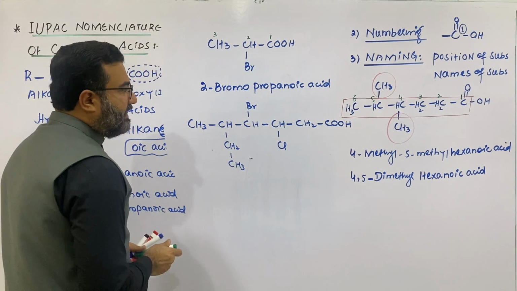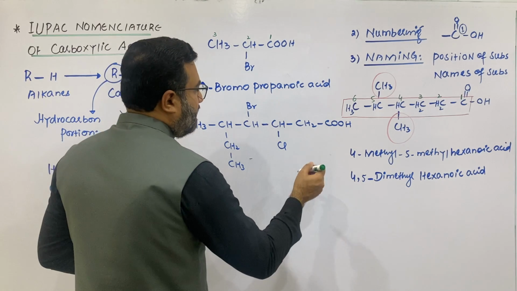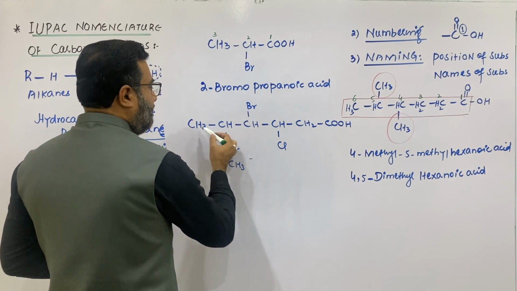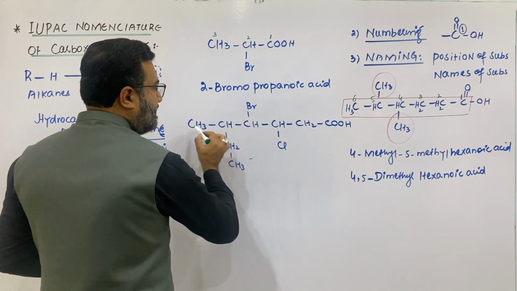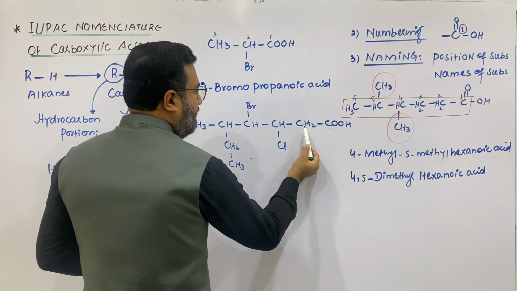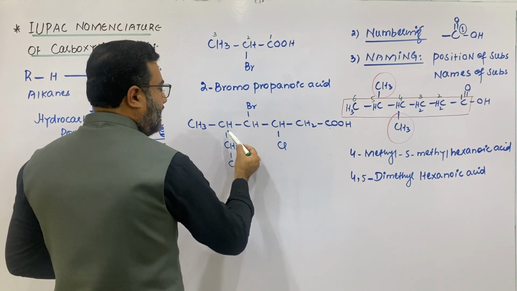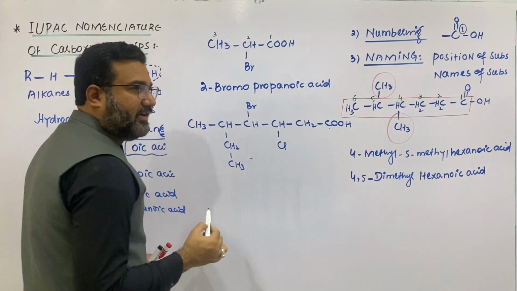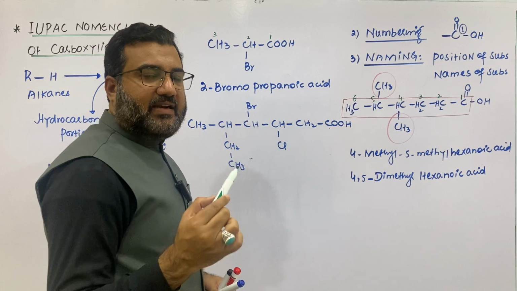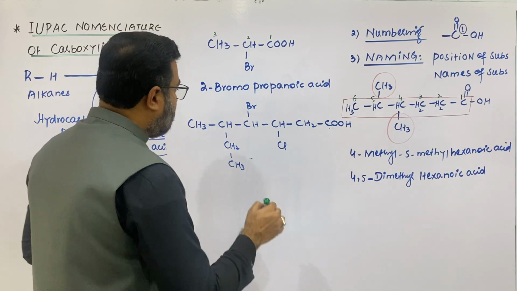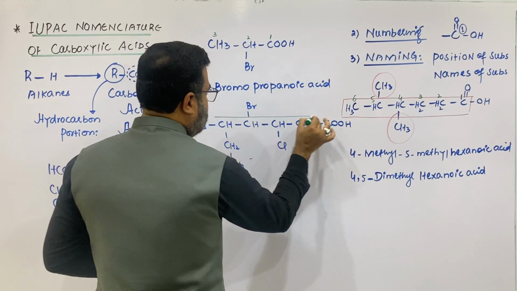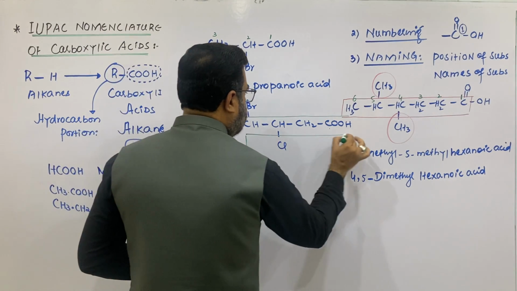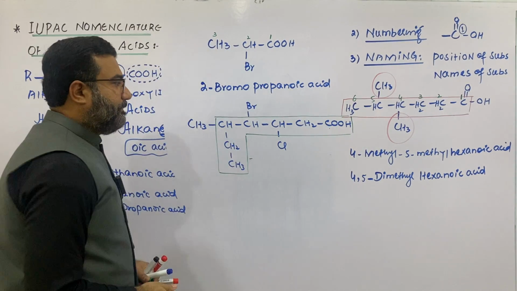First of all, let us select the longest continuous chain of the carbon atoms. 1, 2, 3, 4, 5, 6. This straight chain has 6 carbons. 1, 2, 3, 4, 5, 6, 7. This chain has 7 carbon atoms. So you will select the chain with the maximum number of carbon atoms, and in this case the skeletal chain or main chain or parent chain will be something like this.